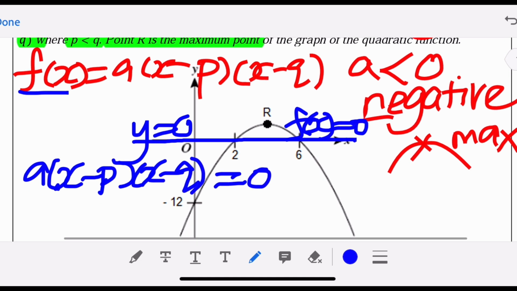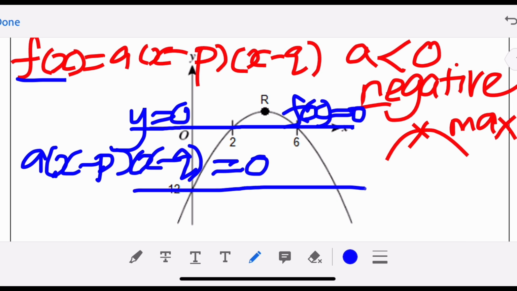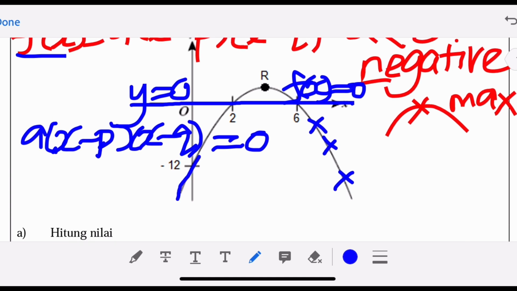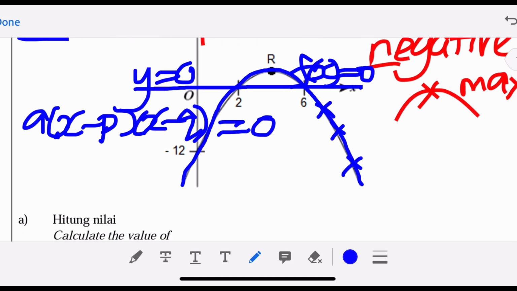If you draw a line like this, it becomes a quadratic equation because you have the y value. But if all the points are unknown, we are not sure what the y is, that's a function. For a graph, all these points are x and y, so it represents a graph. Function is a graph.